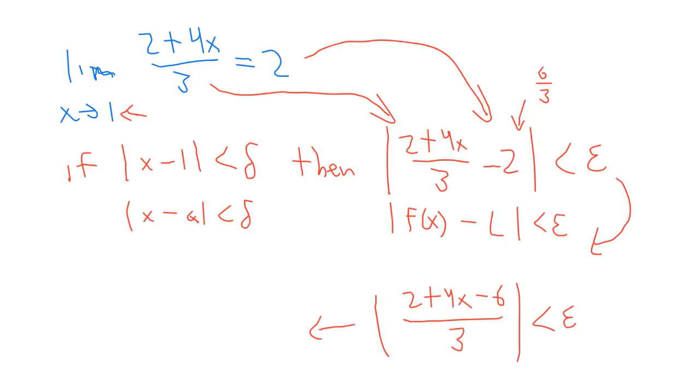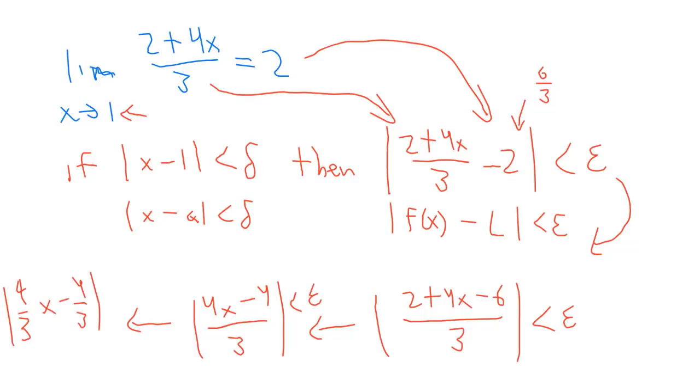Then if you simplify that further, you would get (4x minus 4) over 3 is less than epsilon. And then again, you would get 4 thirds x minus 4 thirds is less than epsilon. I'm going to clear the board, but I'll rewrite it.